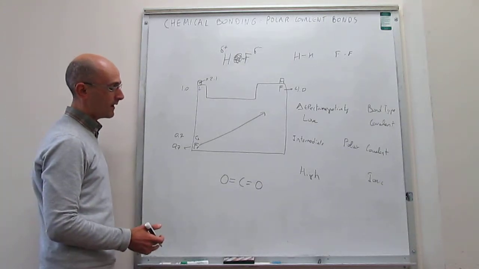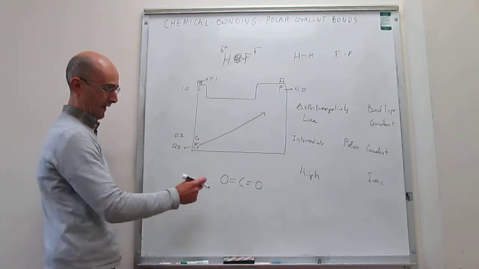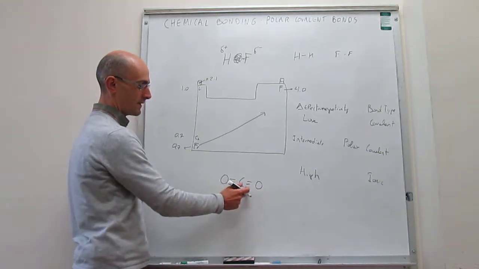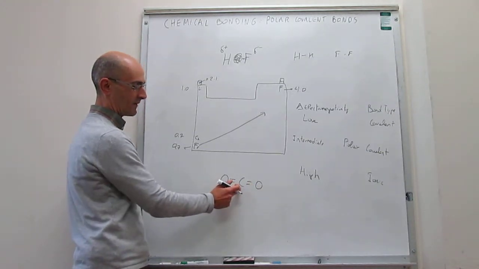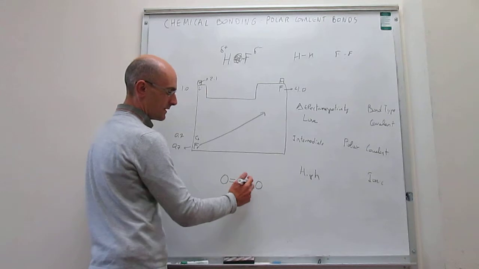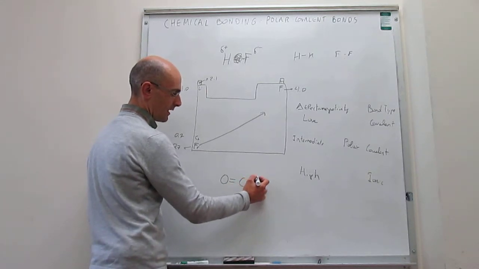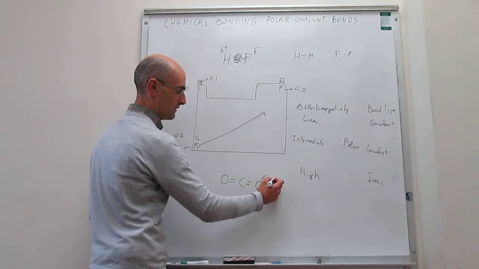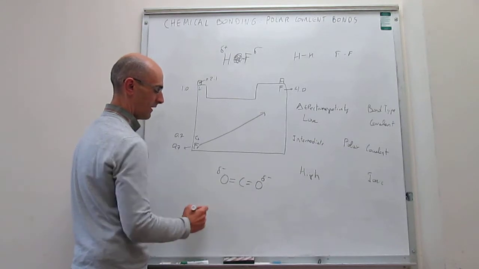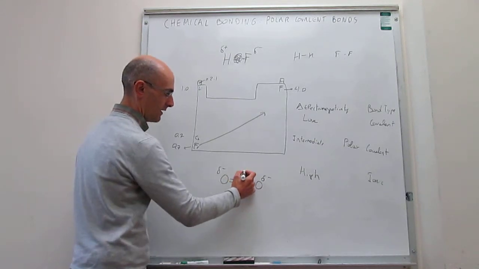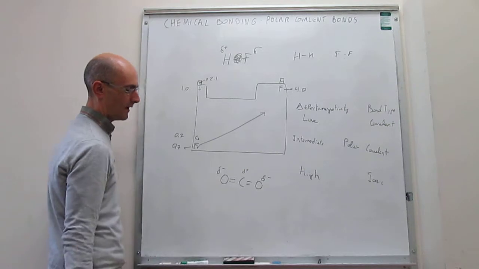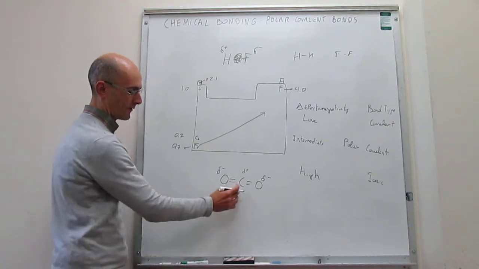But when you look at the difference in electronegativities, you see that oxygen happens to be more electronegative than carbon. So the electron density of oxygen will be a little higher than in the separated atom, and then there will be a positive end in the carbon atom.